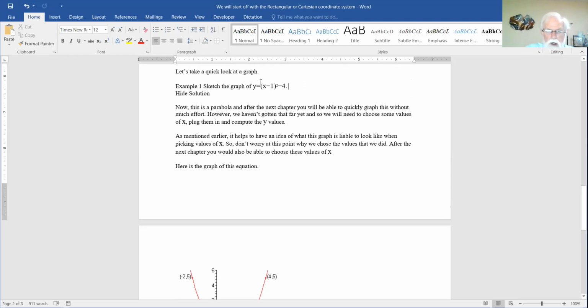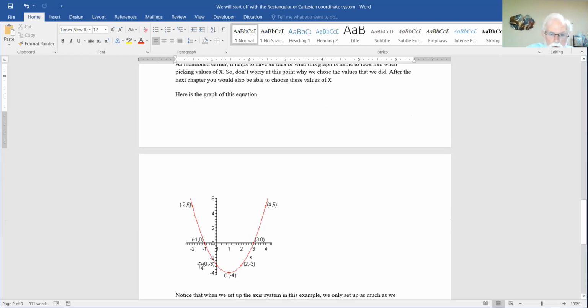So we said that this was x squared minus 2x plus 1. If we subtract 4, then this is x squared minus 2x minus 3. So if we set x at 0, then y becomes minus 3. So we go down here and we plot that right on this axis. Okay, we just put the point at minus 3.